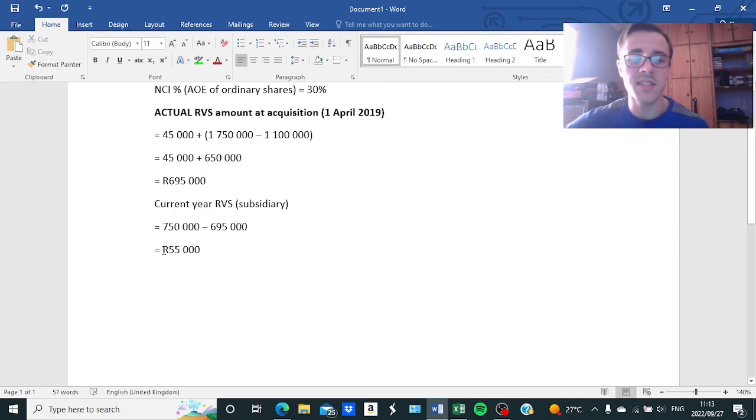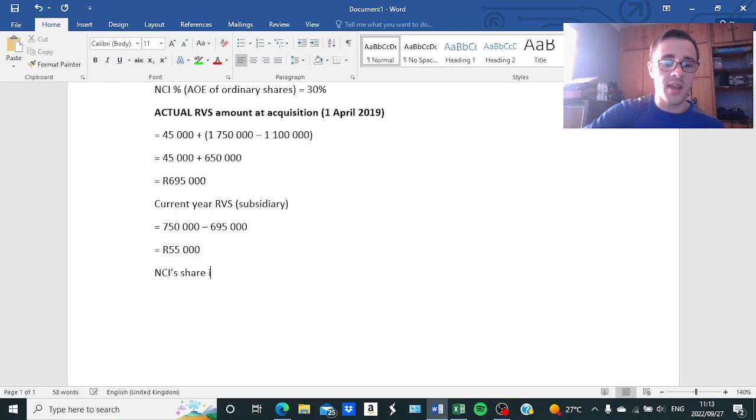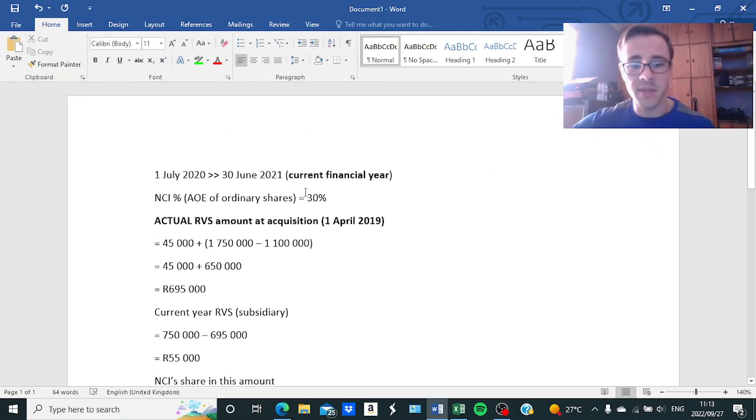And this is the amount that we will use to record the NCI share in the current year's revaluation surplus. So the NCI's share in this amount of 55,000, because we are interested in the current year's revaluation surplus, will be 30%, because we have to determine that at the beginning.